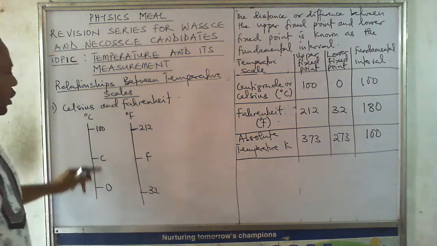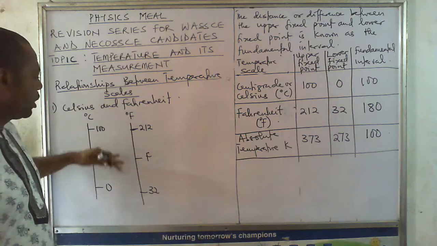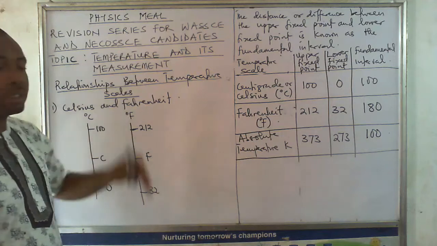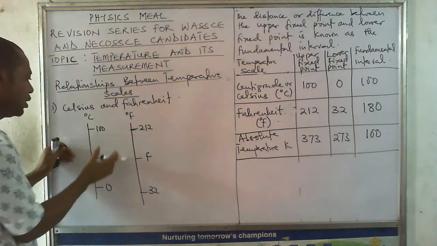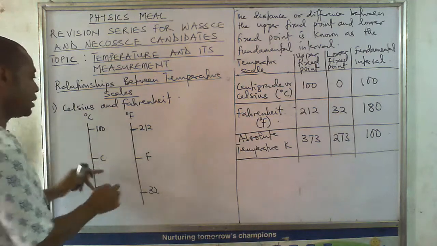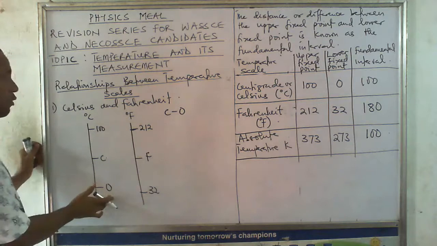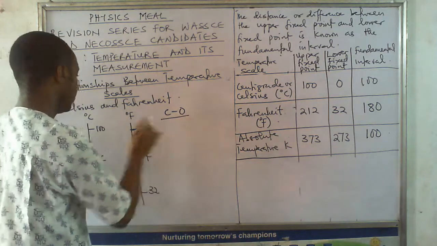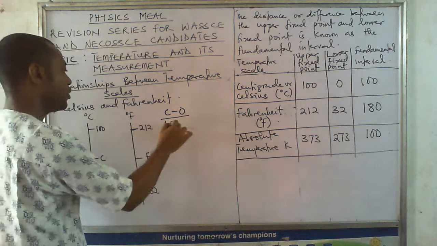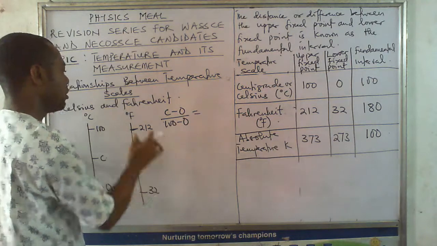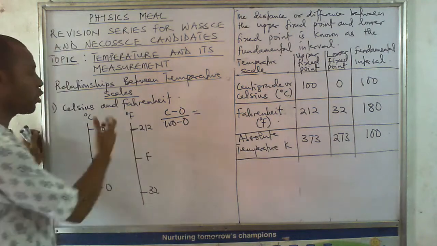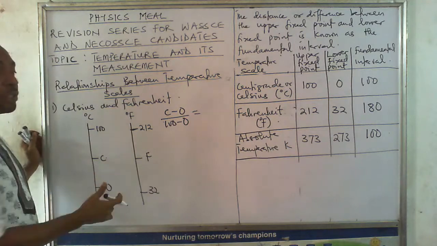If we do a sort of interpolation, we are going to have C minus 0, that is, this minus the lower fixed point, all upon the upper fixed point minus the lower fixed point. The ratio will always be equal when you compare two temperature scales.